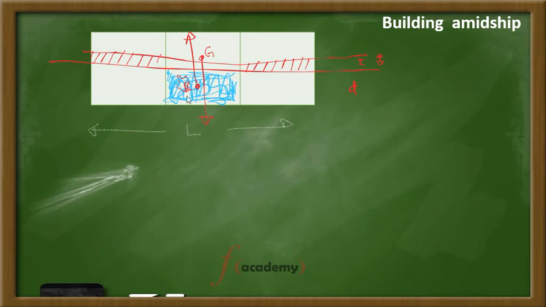Remember, the water that just went in does not add any part to the weight of the ship. It is just a part of the ship that is lost. It's no longer part of our weight and no longer part of our buoyancy. So the weight of our ship is not going to change.